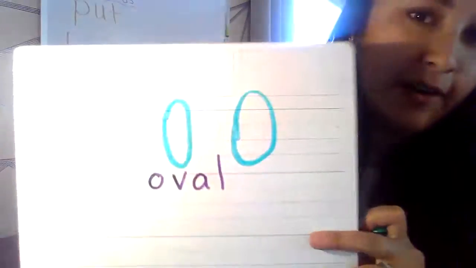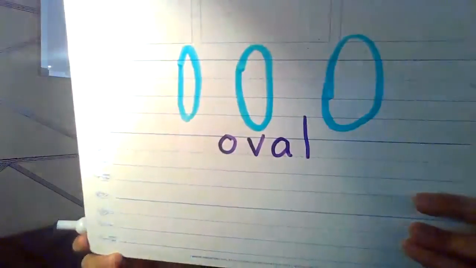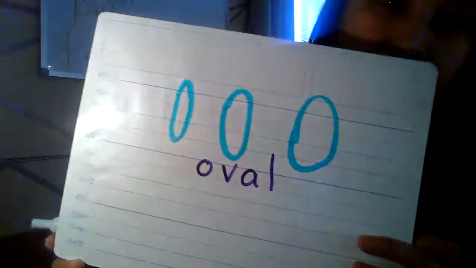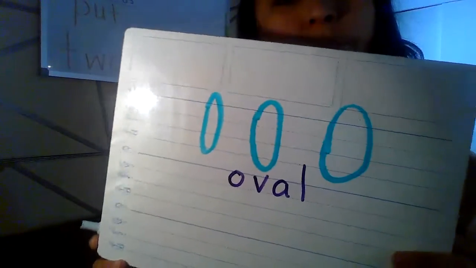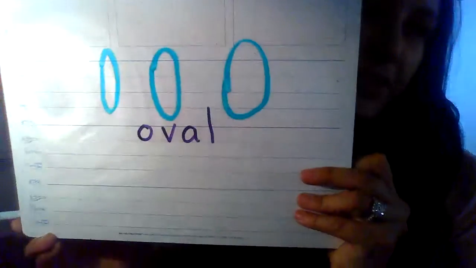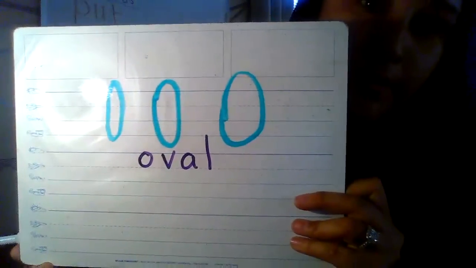Or it could be a little thicker. Looks like an egg, kinda. Or it can be really skinny. So those are our oval shapes. Again, no sides, no corners.